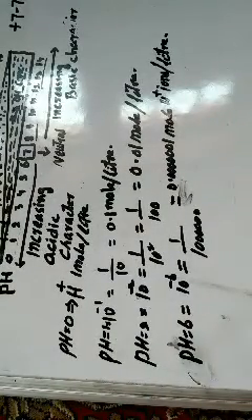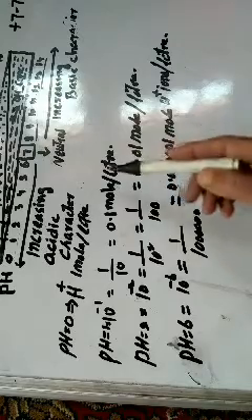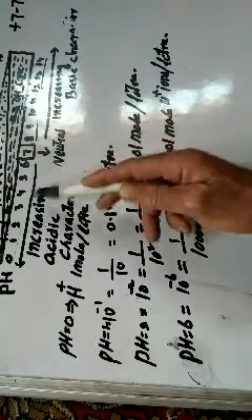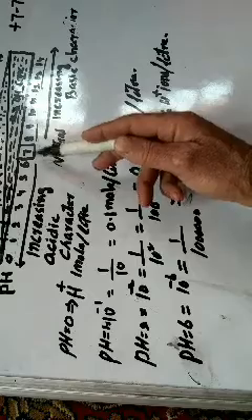Now let us see the pH of the basic solutions. Now it is clear that acids have lower values of pH, lower than 7.